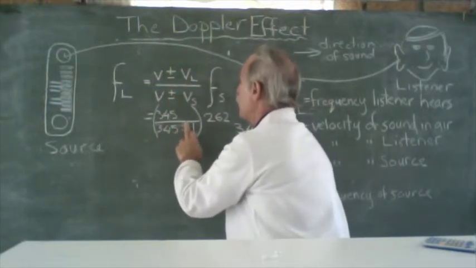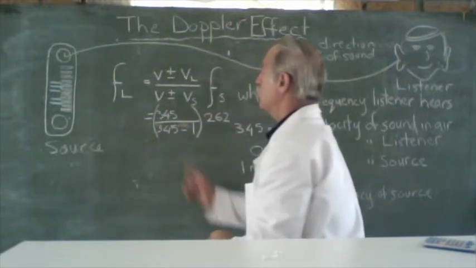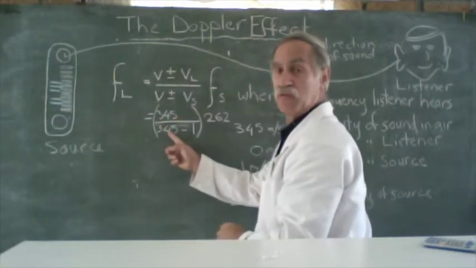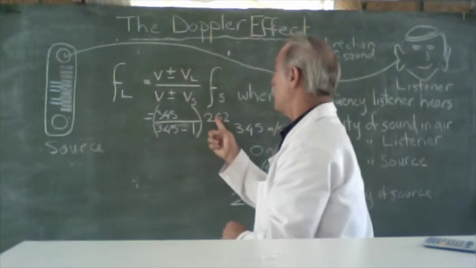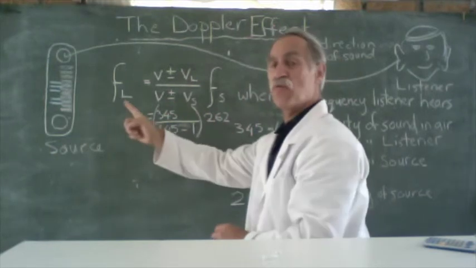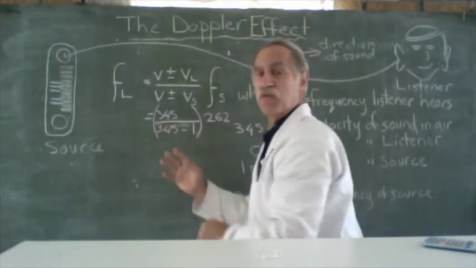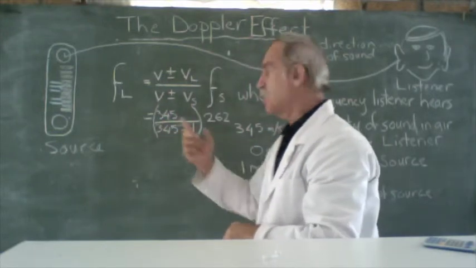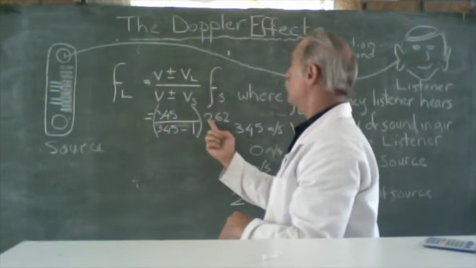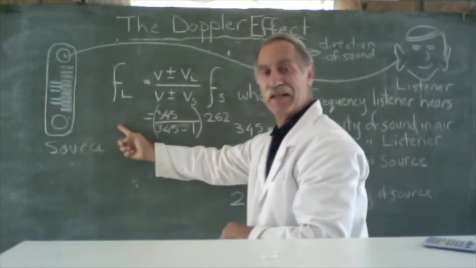But if we subtract 1, we've got 345 upon 344, and multiplying by that is going to raise the frequency slightly, because 345 upon 344 is slightly greater than 1, and it's going to be multiplied by middle C, and we're going to get a slightly higher frequency.